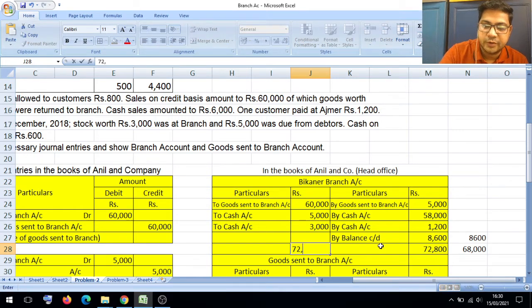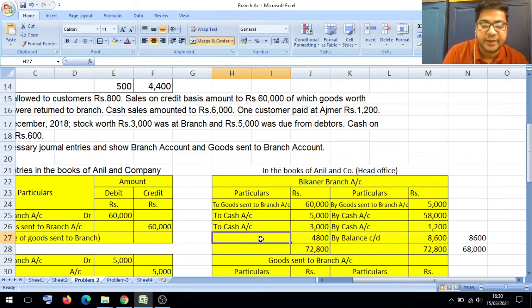So what we have to do? Credit side total 72,800 minus debit side total 68,000. The rest of the value, 4,800, is transferred to profit and loss account.